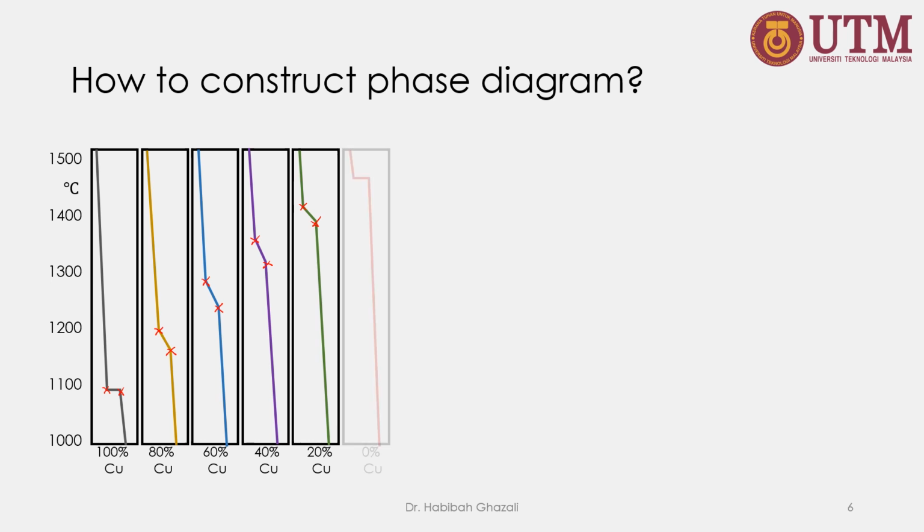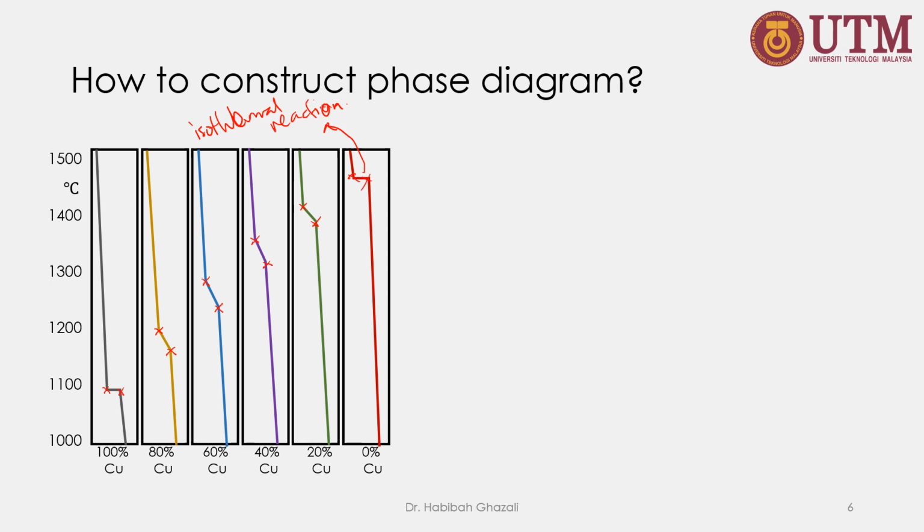And lastly, they will construct the cooling curve of pure nickel. So again, pure metal will solidify in an isothermal reaction. So it begins at one temperature and it ends at that same temperature.